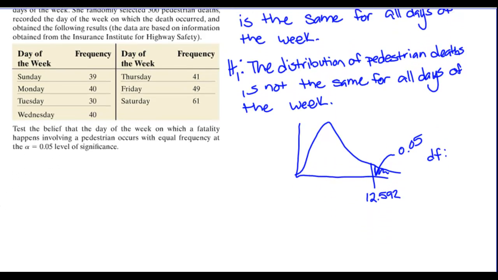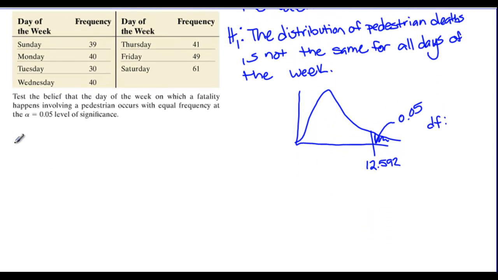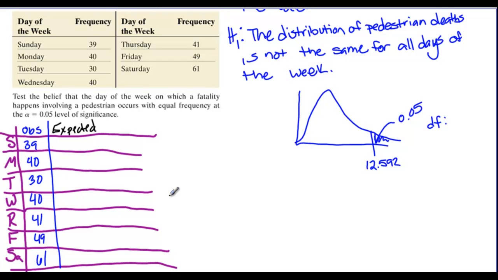So I'm going to rewrite this information. We start with Sunday, Monday, Tuesday, Wednesday, Thursday, Friday, and then Saturday, and our observed counts are those listed. For our expected counts, we're testing to see if there's an even distribution on all days of the week.